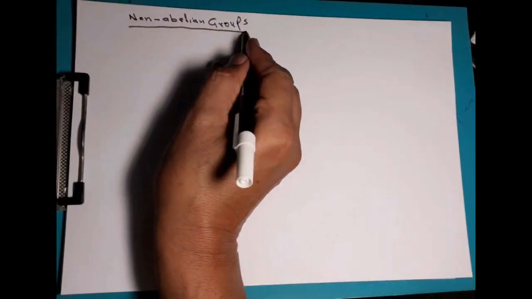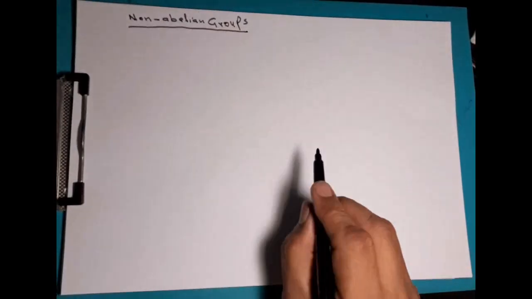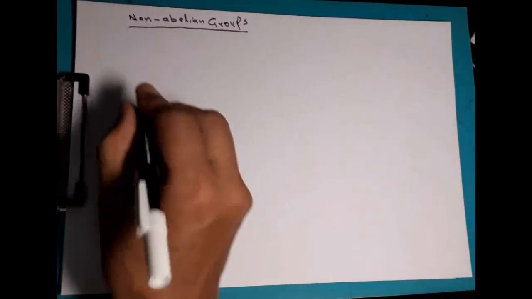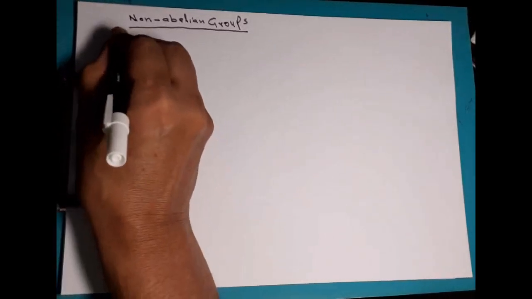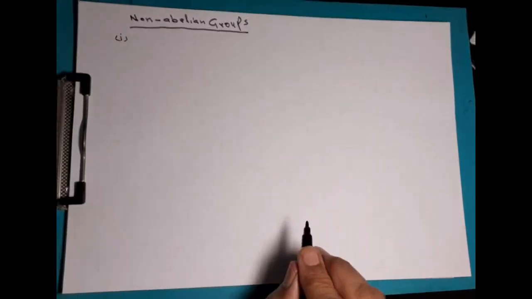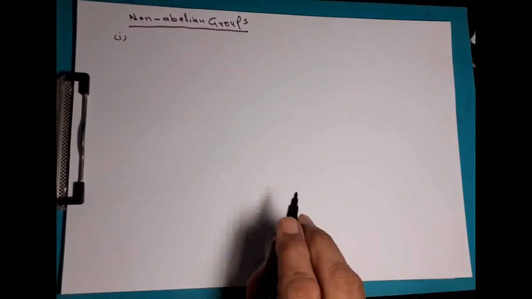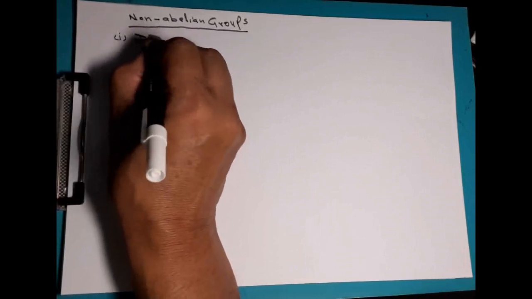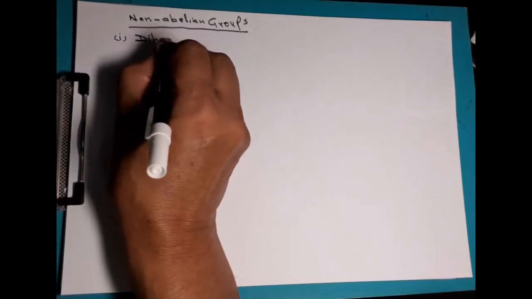So, non-abelian groups. The first example we already know about is the dihedral groups D4 and D5.